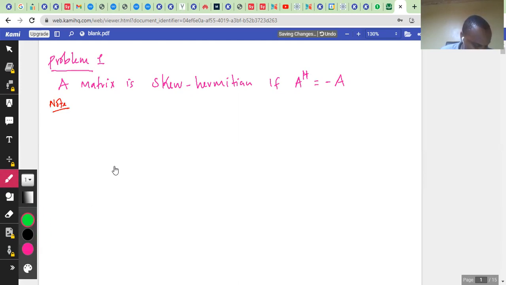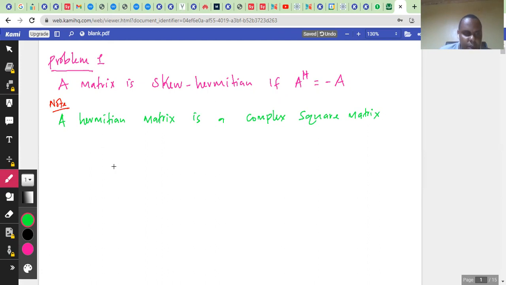A Hermitian matrix is a complex square matrix that is equal to its own conjugate transpose.